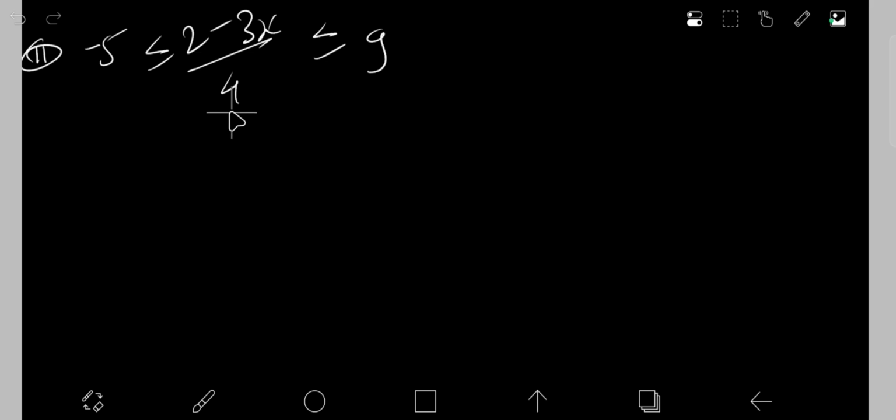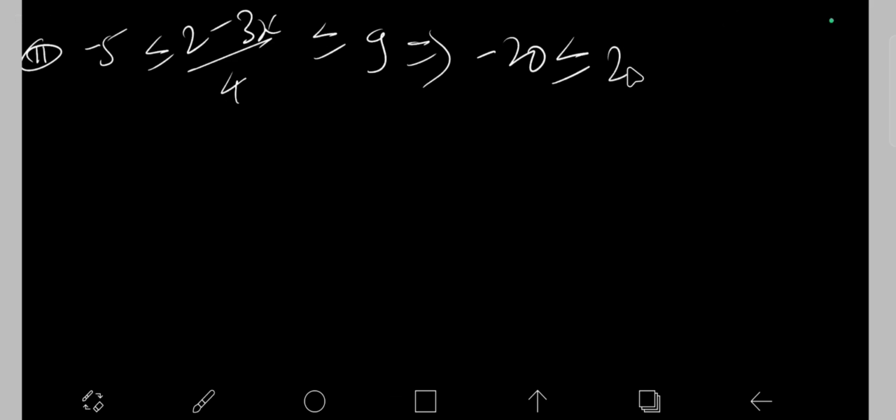How we cancel out? Firstly we cancel out this 4, because in a whole division when we multiply all terms by 4, this gives minus 20 less than or equal to, and here 4 and 4 cancel, this gives 2 minus 3x less than or equal to 9 into 4 is 36.